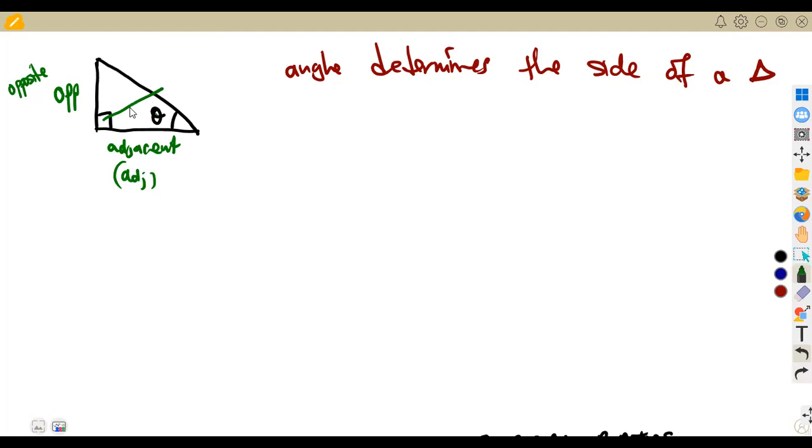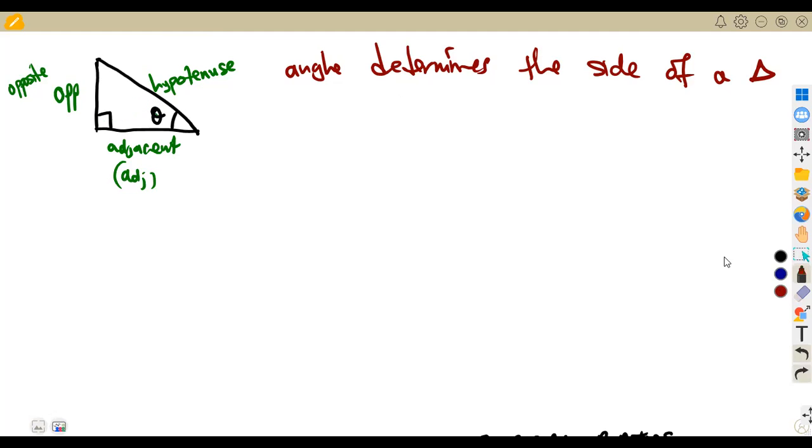Then this side does not change, wherever the angle is given. The one that is opposite to the 90 degrees, remember, the longest side does not change. That is our hypotenuse in this case. So there we have the hypotenuse. The hypotenuse does not change. It's always facing 90 degrees. It's always facing the biggest angle.